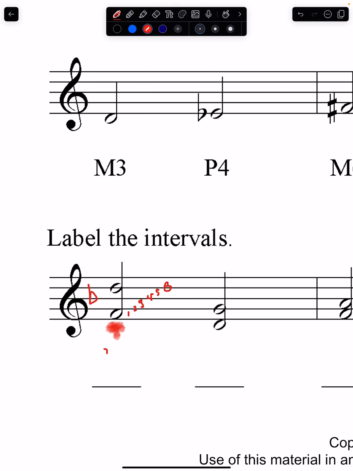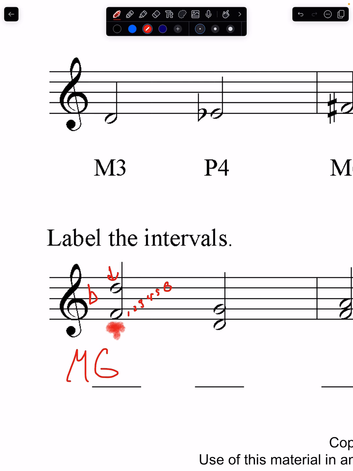We see that that is going to be a sixth of some type. And then we check to see if this interval naturally happens in the F major scale. And since there is no accidental on the D in F major, then that means that that is going to be a major sixth.